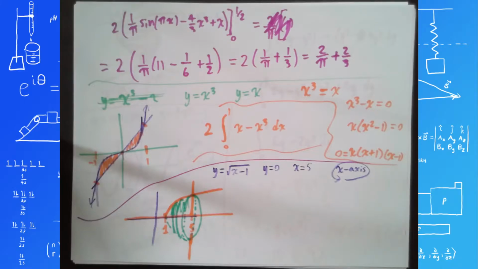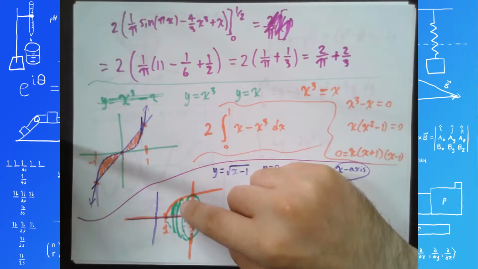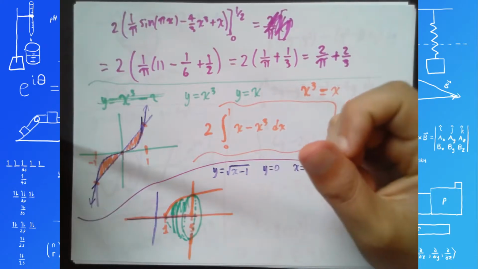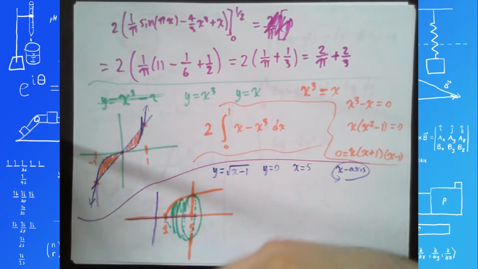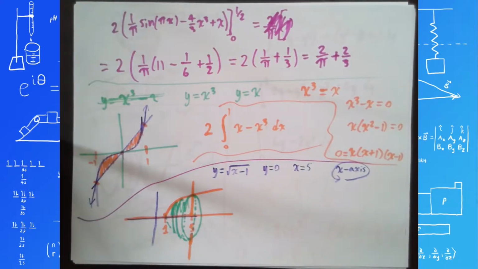But yeah, that's what we're trying to do. So it looks like we're just making solid disks. There are no gaps in between the rotated region and the x-axis. No gaps between them, so yeah, no subtraction needed.